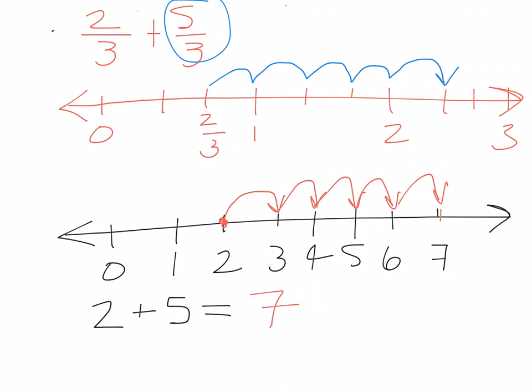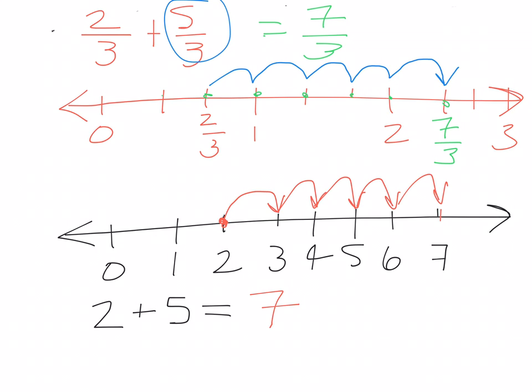So we have now made 5/3 steps. What number did we land on? Well, here's 1/3, here's 2/3, 3/3, 4/3, 5/3, 6/3, 7/3. So we landed on 7/3. That tells us that 2/3 plus 5/3 is 7/3.